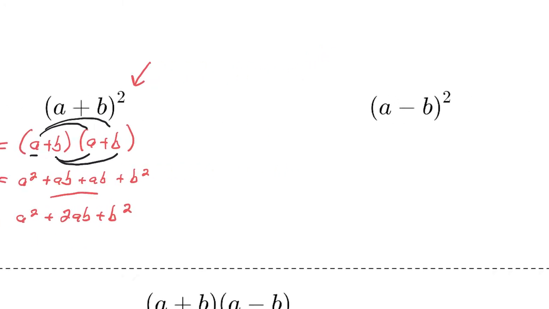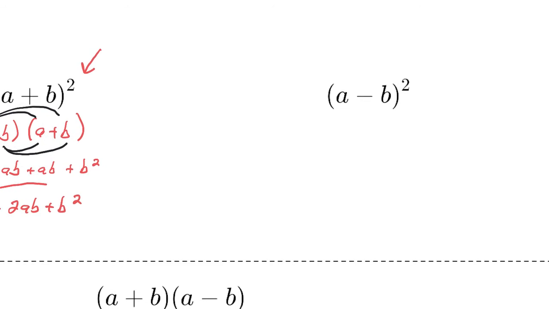In the second example, the only difference is a negative sign. So it still is a minus b multiplied by itself, and you still distribute the first term and then the second term.